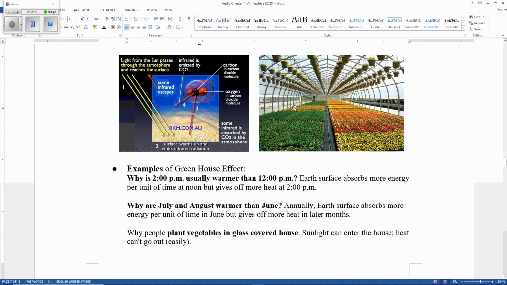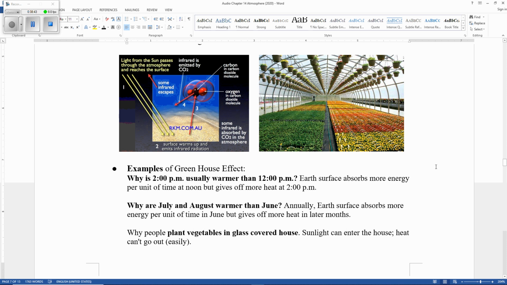You see it's covered by glass or plastic. So the sunlight can check in, but the heat cannot check out. That's why you can keep the inside warm. It's the greenhouse effect: the sunlight can check in, the heat cannot check out, just like that.